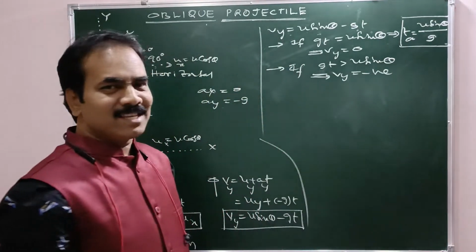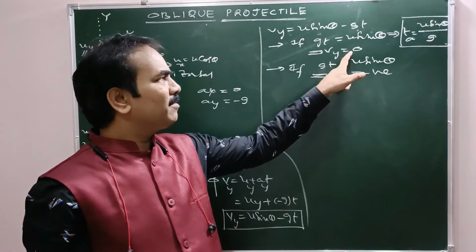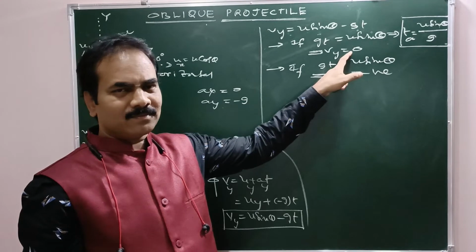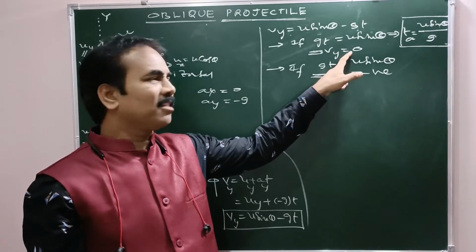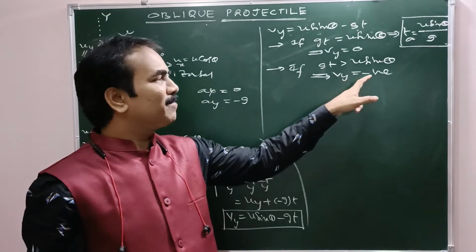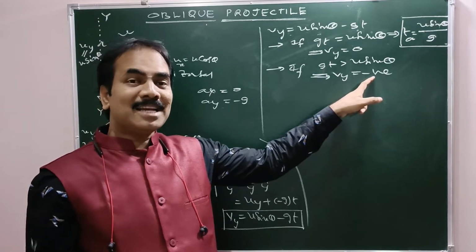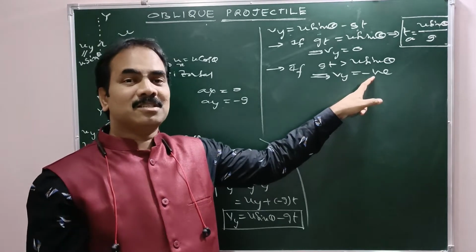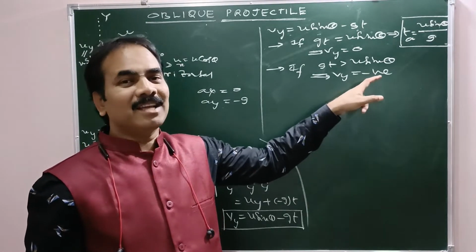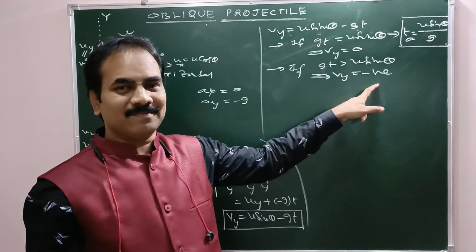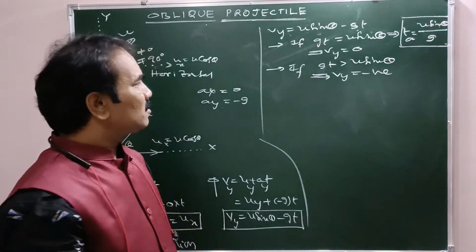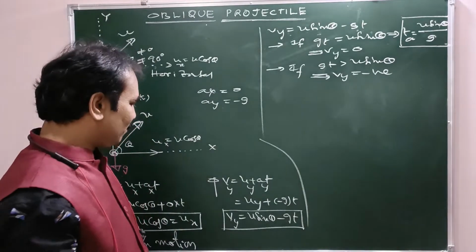Vy becomes negative in the sense that after reaching the highest point, as time goes on further, what happens? Vertical velocity becomes negative, meaning the direction of motion along the y-axis gets reversed. Means retracing.